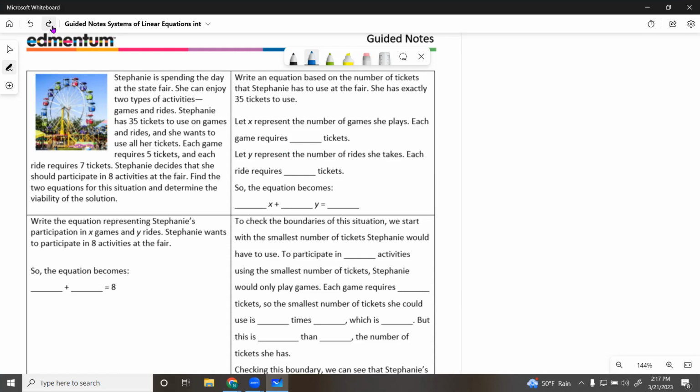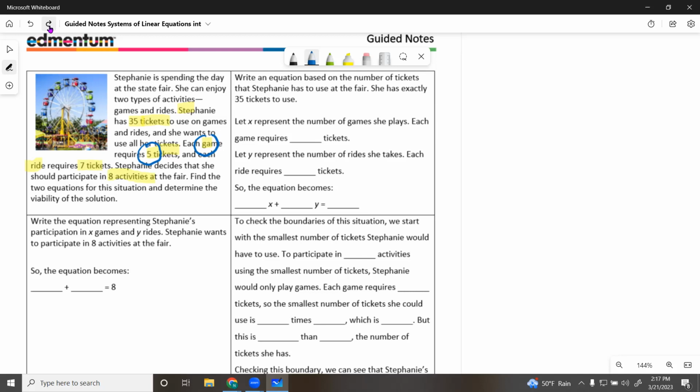It's probably not easy for you to do that, but that's what I do when I'm working out a word problem is I highlight or circle those. So we got 35 tickets. Stephanie, 5 tickets for a game, and rides cost 7 tickets. And then if she does 8 activities, I guess that's some number of rides and some number of games, totaling 8 activities.